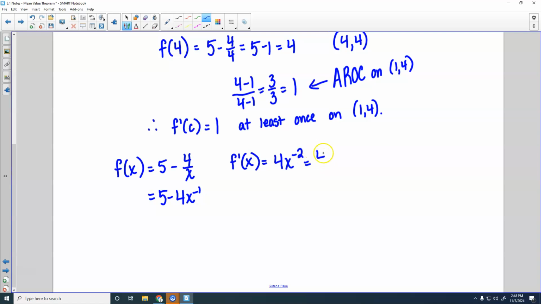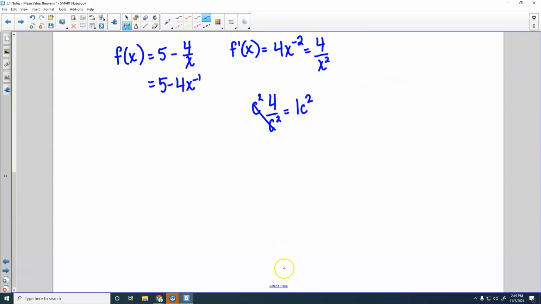And if you want, you can write that as 4 over x squared there. So f prime of c would be 4 over c squared, and that has to be equal to 1. How do I solve that? Multiply by that c squared because you can't solve for it while it's in the bottom. Right, so that gives you 4 equals c squared.